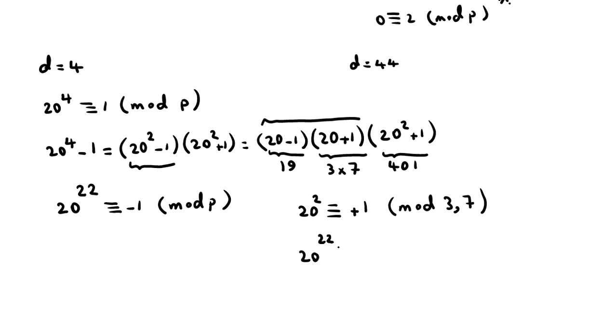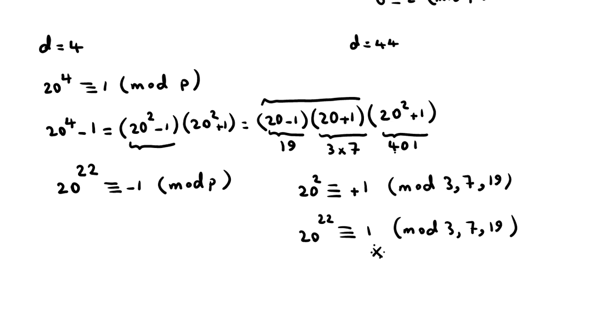So 20 to the power of 22 is 1 mod, let me write also 19. It's congruent to 1 mod 3, 7, and 19. But we know 20 to the power of 22 is negative 1. And that's a contradiction. So 3, 19, and 7 don't work.